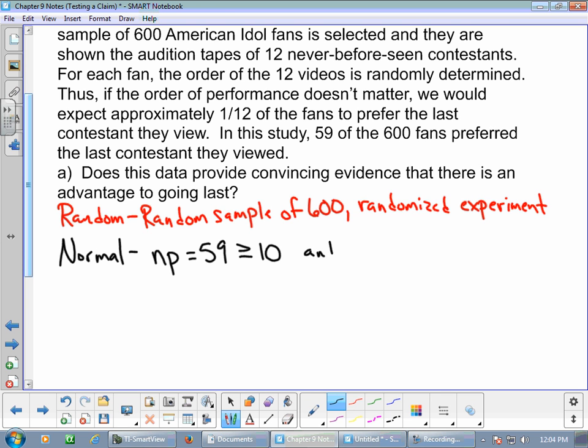And N times 1 minus P, 600 minus 59, the number of failures. N minus NP, N being 600, NP being 59. So that would be 541, which is greater than or equal to 10. So yes, it is normal.